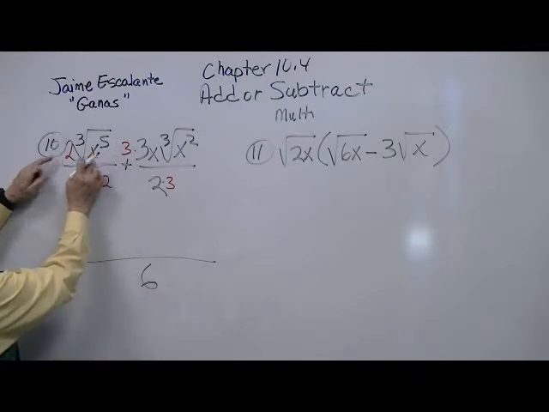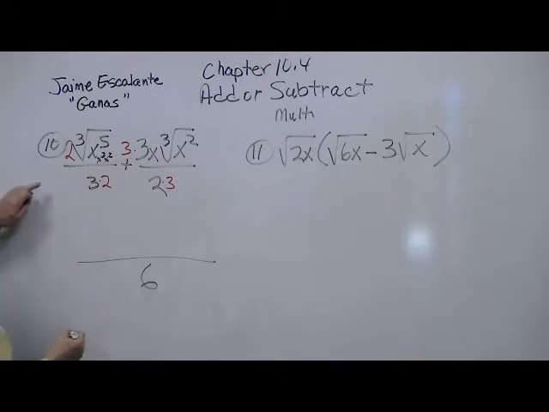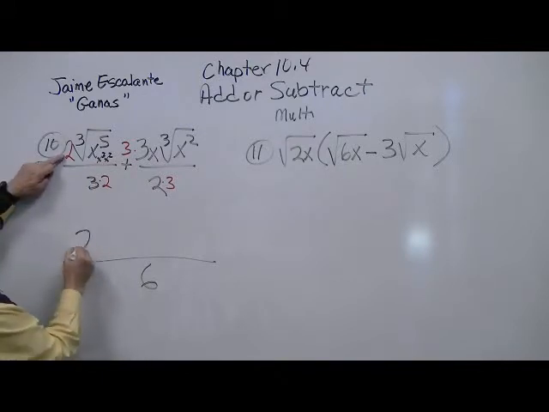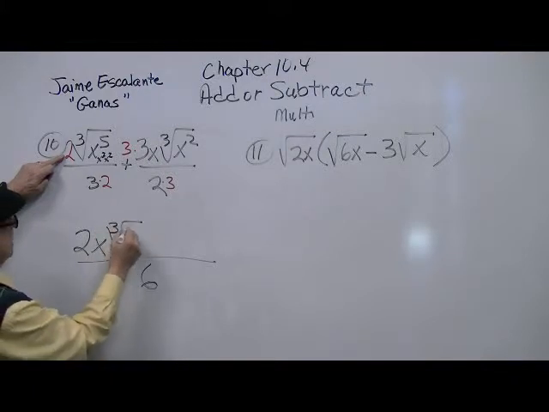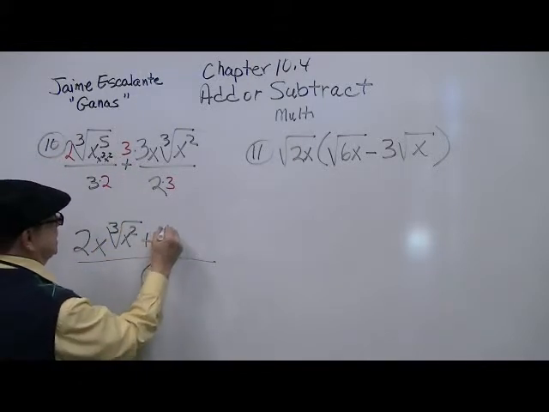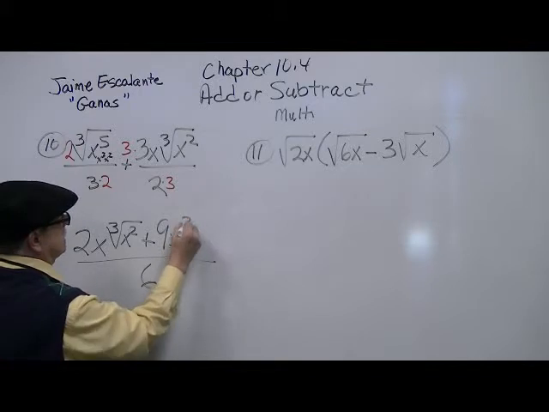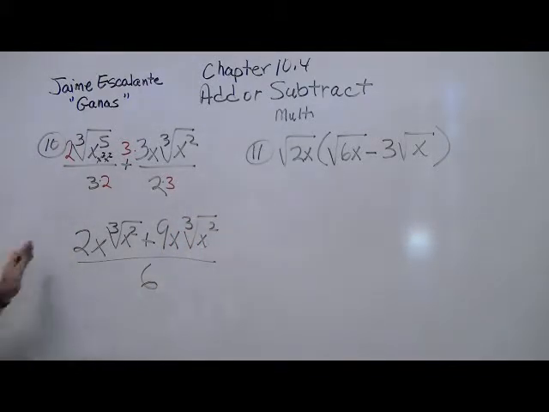And notice here we have x to the 5th. So this can be divided into x to the 3rd, x to the 2nd. So this becomes then 2x, the 3rd root of x squared, plus 3 times 3 is 9x, the 3rd root of x squared, and all of that is over 6.